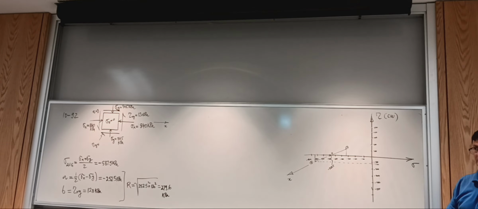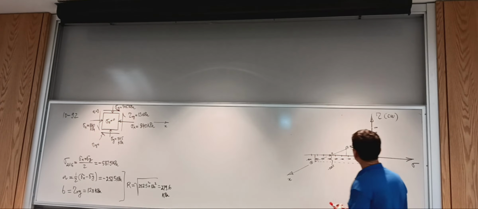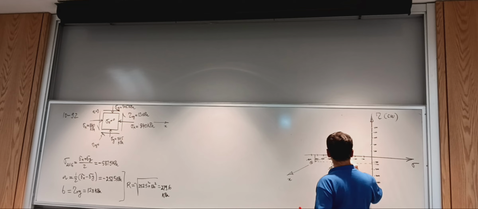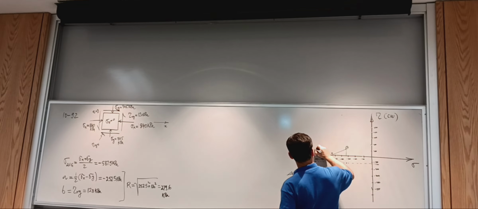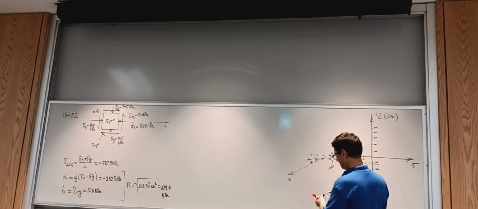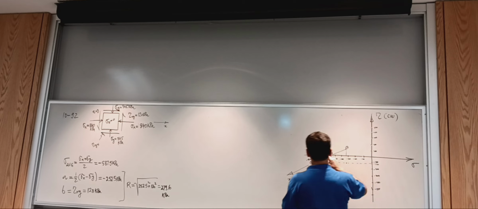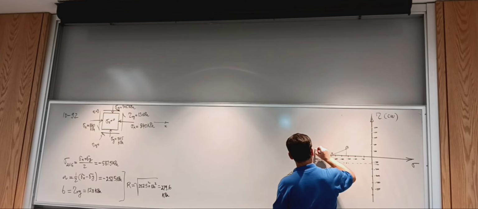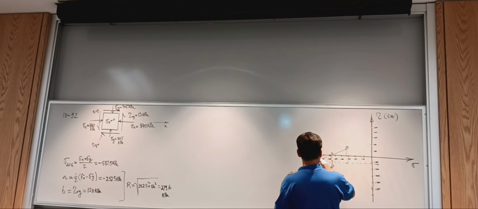Is it clear so far? Okay, so I can now draw the circle. I said I'm going to use red color. It's helpful to add the mirror points to get a better circle. All right, so it goes like this and like this.